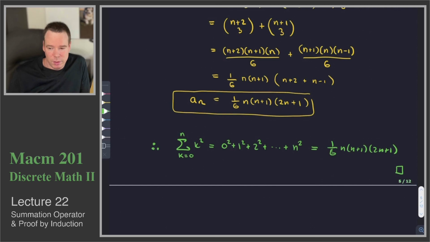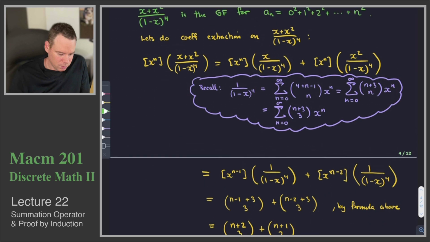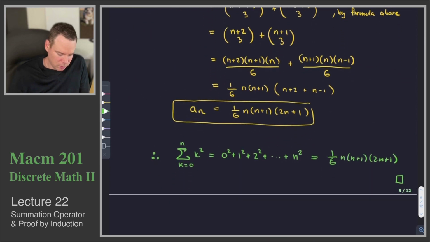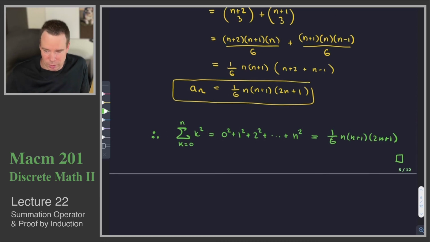Now typically when you encounter this probably for the first time, it's through an inductive argument, and you're really just given the formula. You're told, hey, show that the sum of consecutive squares is equal to this result, and then you can prove it by induction. But we didn't do it that way. We generated the formula from scratch. We connected it to generating functions and did a coefficient extraction to find the formula for the nth one.